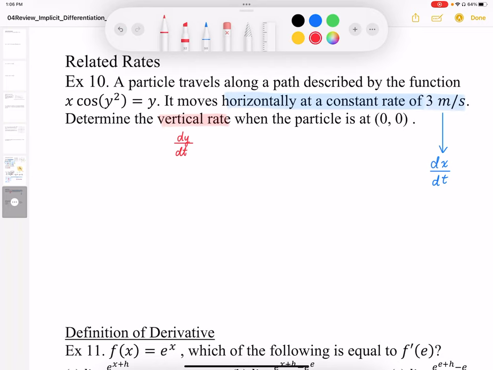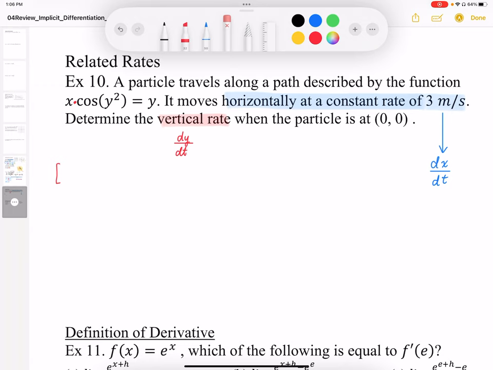Now there's a few things going on here. There's a product and an embedded function, so I have to remember to use chain rule. In differentiating this, I'm going to first start off by differentiating the left-hand side. When I differentiate this implicitly, I differentiate the x. I'm going to generate my dx by dt.